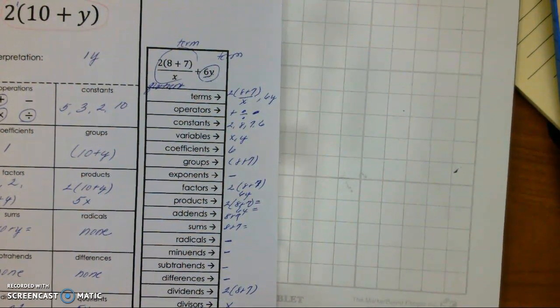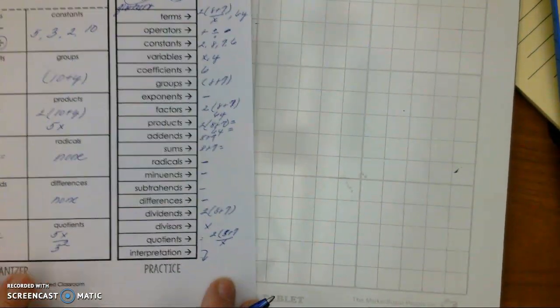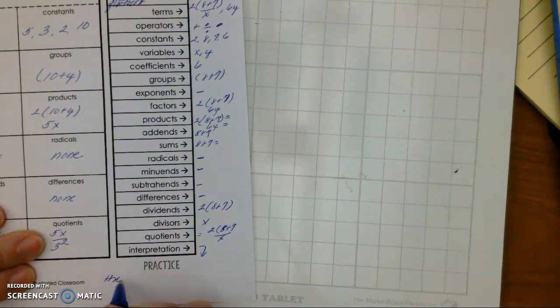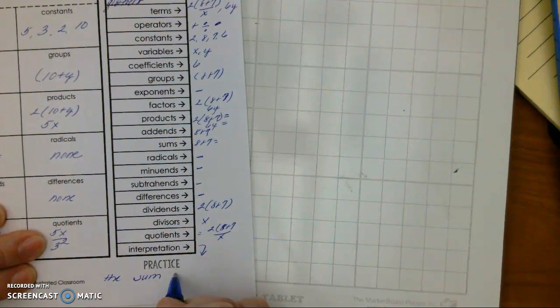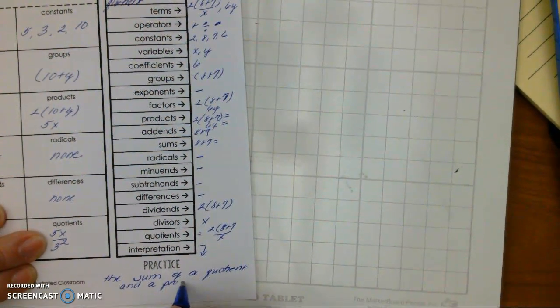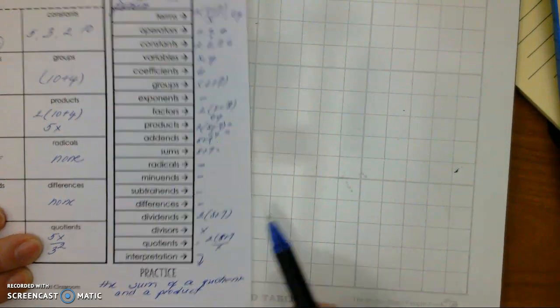Now the interpretation is, what are we doing up here? We are doing the sum of a quotient and a product. Okay?